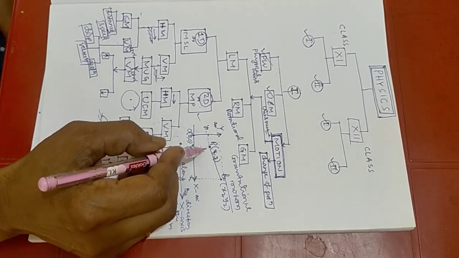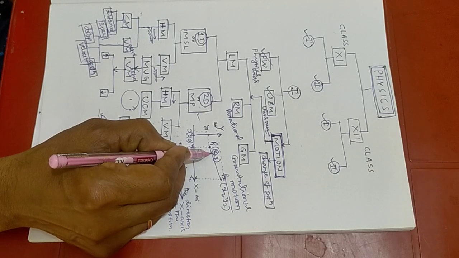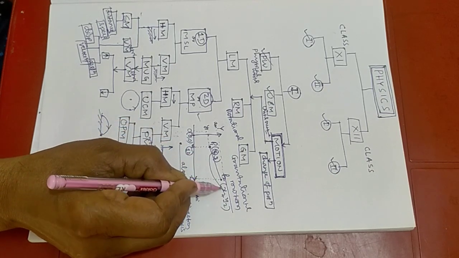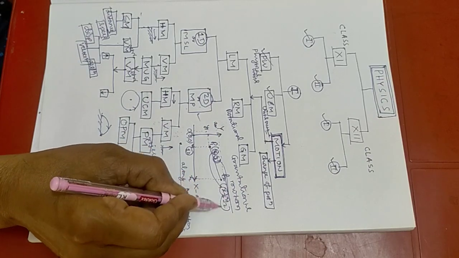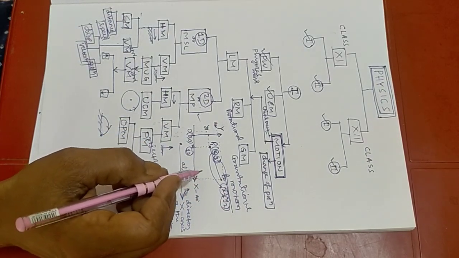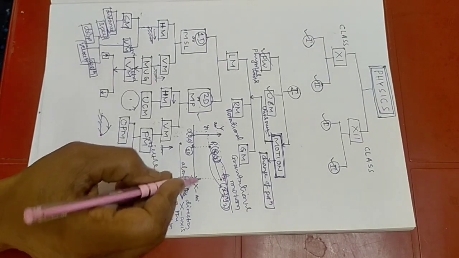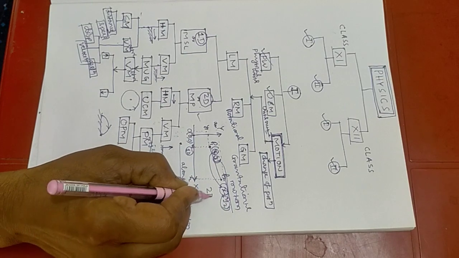Now it has changed both its coordinates. x changed from x1 to x2, and y coordinate changes from y1 to y2. As both coordinates are changing during the motion of the object, it is termed as two-dimensional motion.